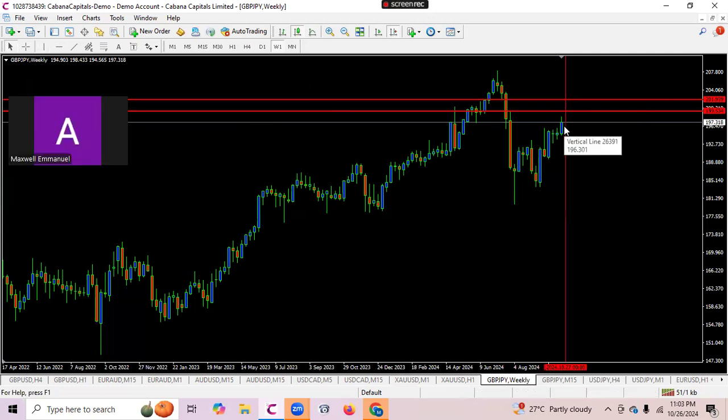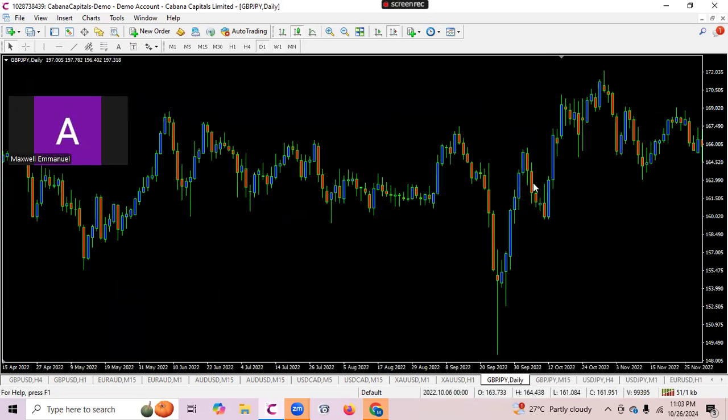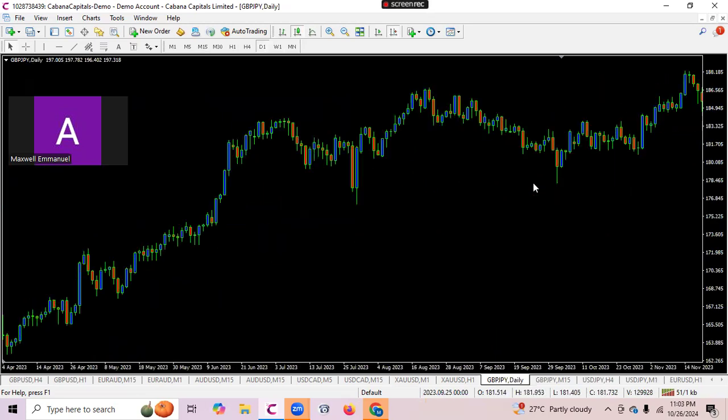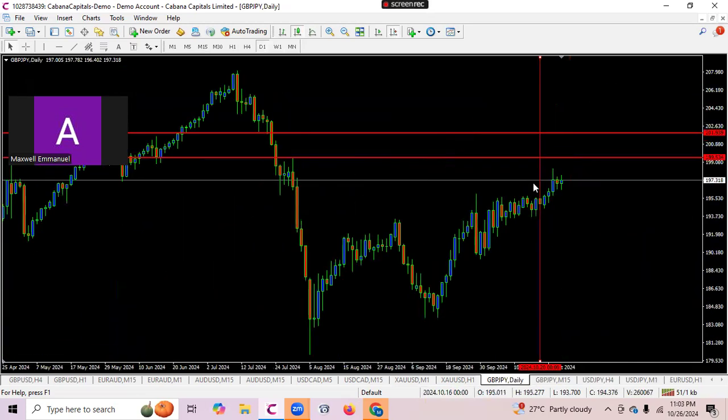So after the close of last week's candle, let's see the candlestick pattern we had on 4 hour. Remember, this coming week is NFP week, right? Yeah, it's NFP week.